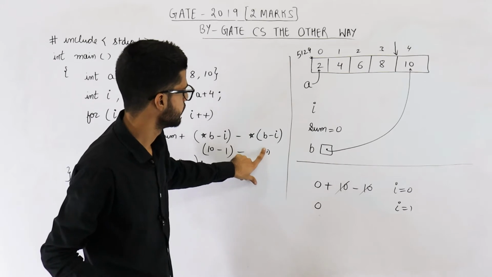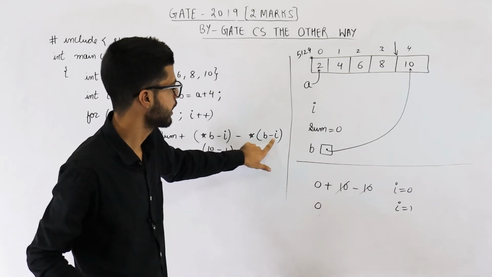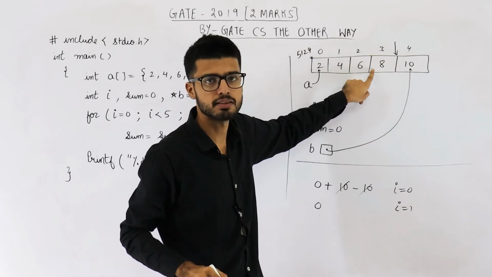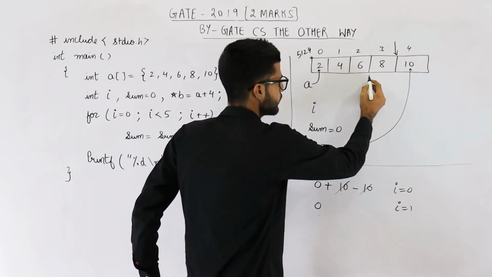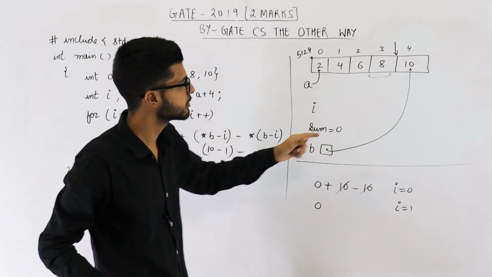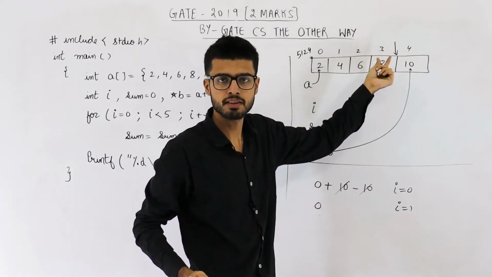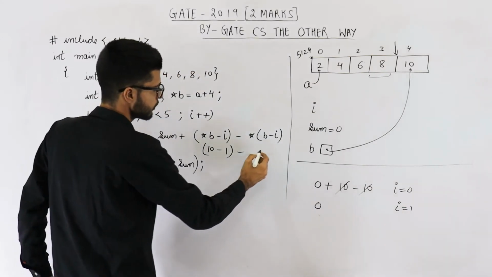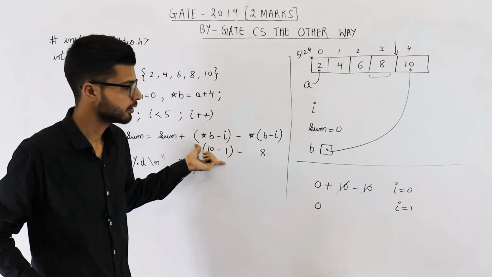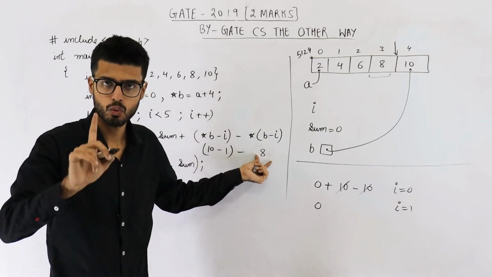And see, now b minus I, that means this address minus 1. Minus 1 means previous address. So we are talking about this address. And writing a star here means just take the value saved here. The value is 8. So like this. Now 10 minus 1 is 9 and 9 minus 8 is 1.